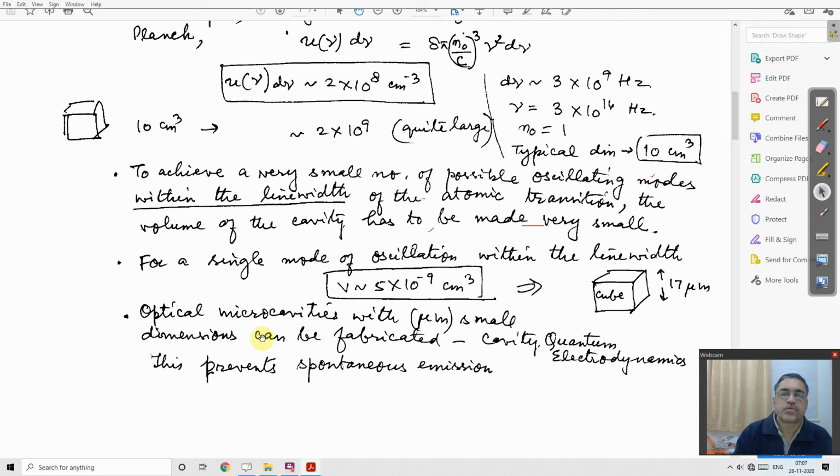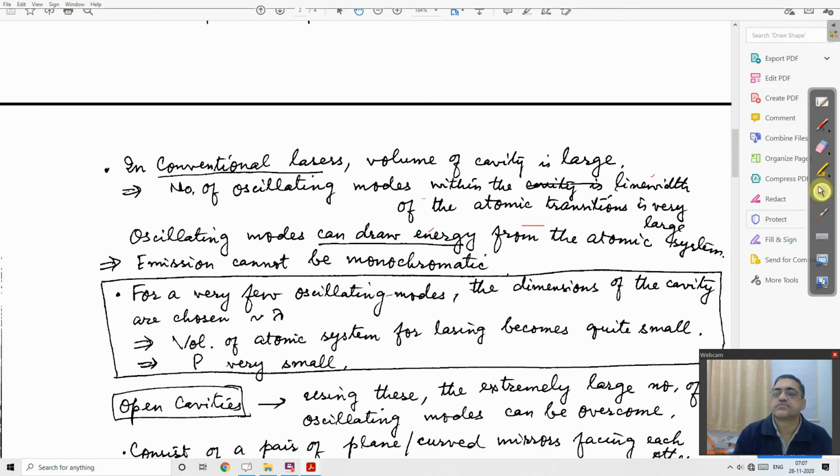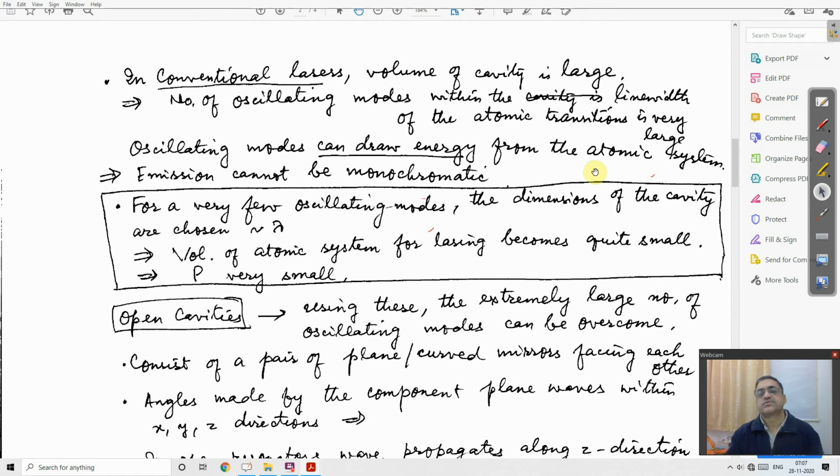So optical microcavities with micrometer-small dimensions can be fabricated. This falls in the field of cavity quantum electrodynamics. This prevents spontaneous emission. In conventional lasers, the volume of the cavity is quite large.